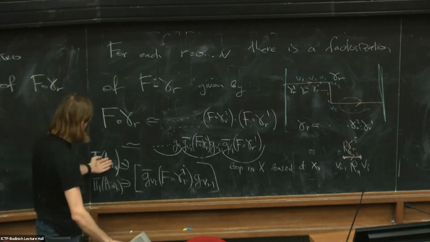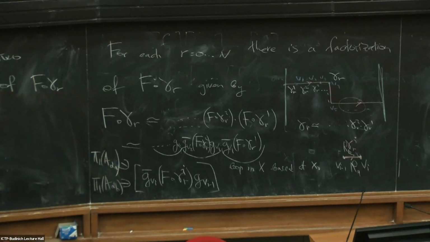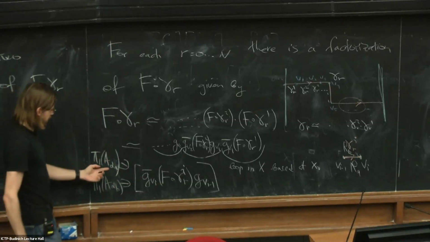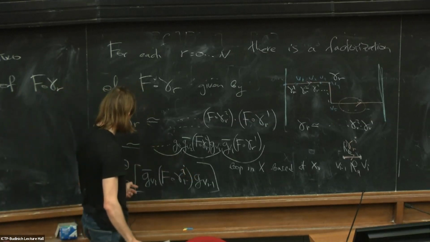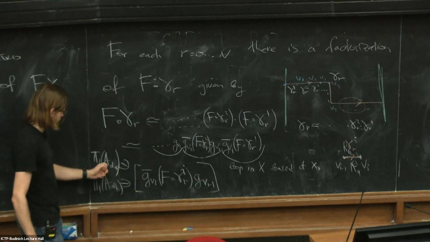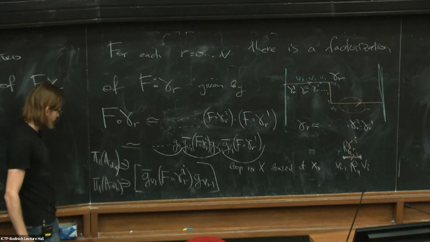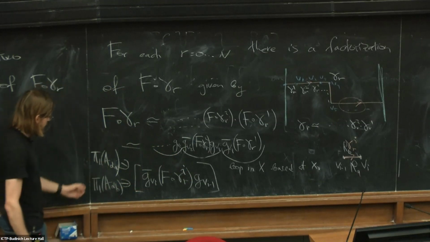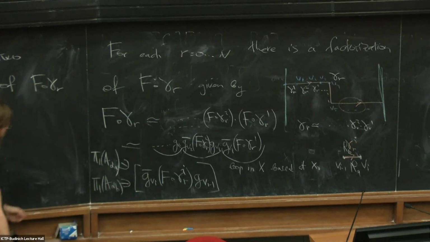So this was the second part of our equivalence relation. If some path in the factorization belongs simultaneously to a pair of sets in our cover, you can equivalently treat it as an element of pi1 of one of them or pi1 of the other.